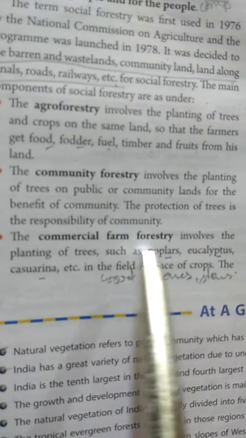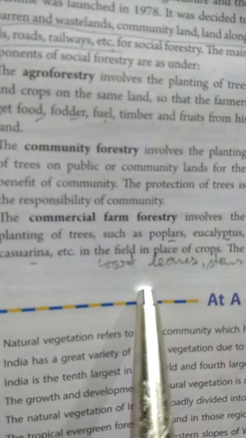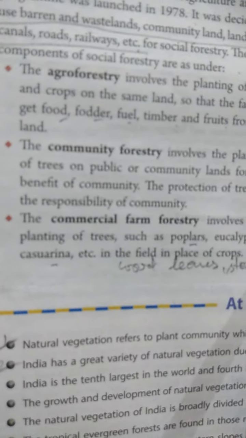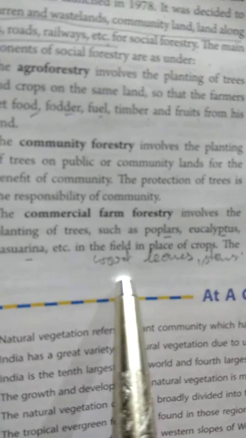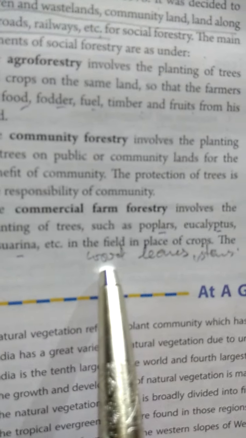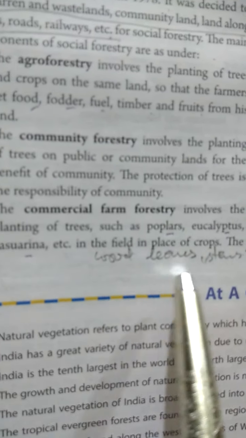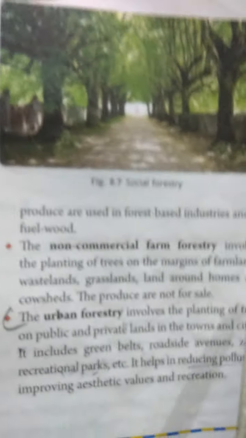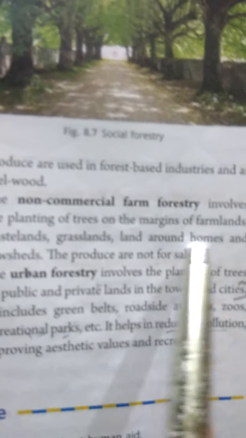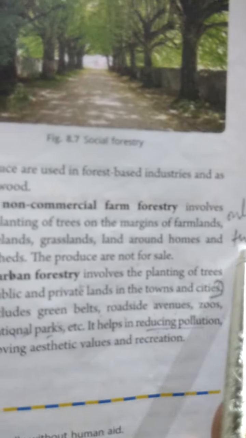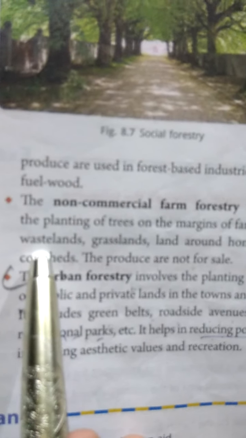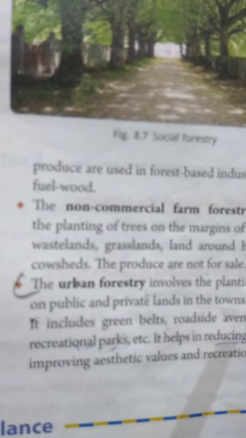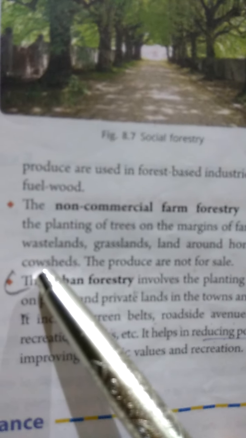Then commercial forestry, where they grow trees such as populus and eucalyptus, whose leaves and wood can be used for commercial purposes. Then non-commercial forms, in places where people are living: farmland, waterland such as ponds, grasslands, and cow sheds.